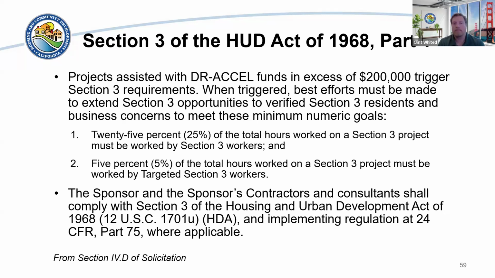The sponsor and the sponsor's contractors and consultants shall comply with Section 3 of the HUD Act of 1968 and the implementing regulation at 24 CFR Part 75 where applicable.